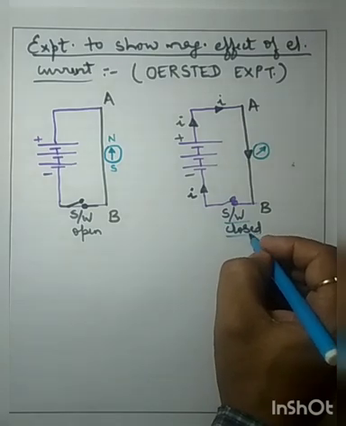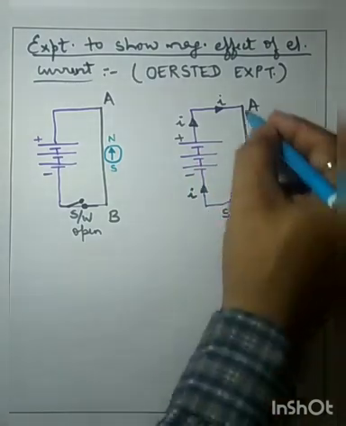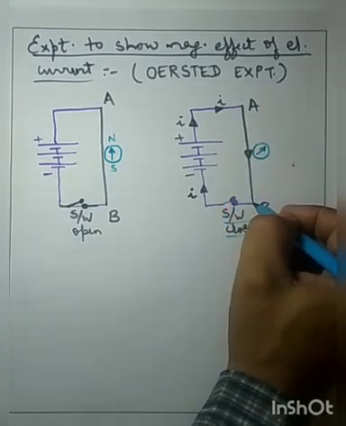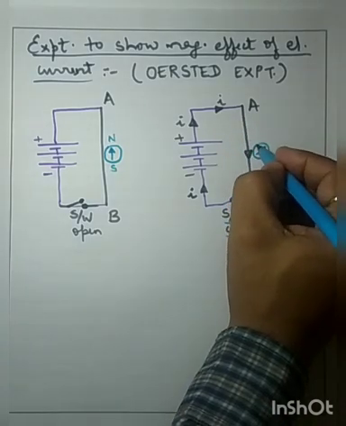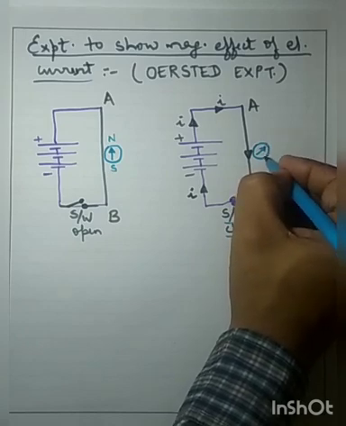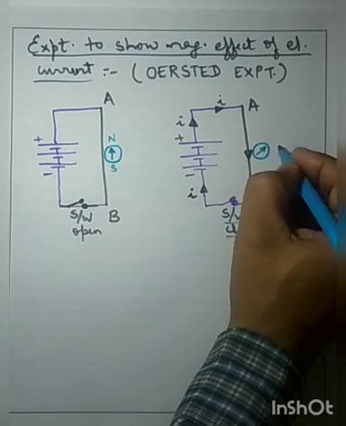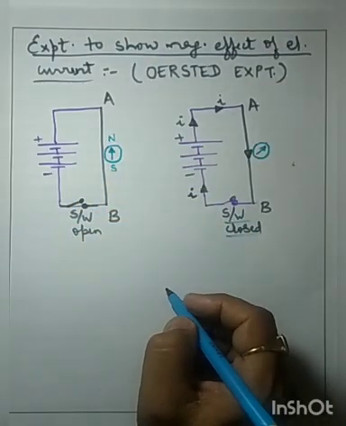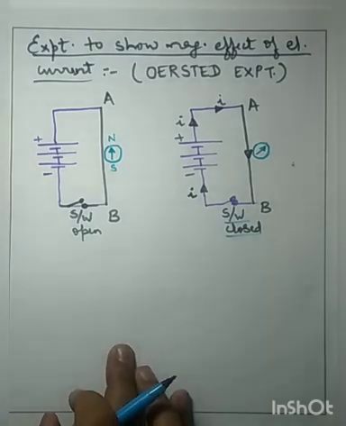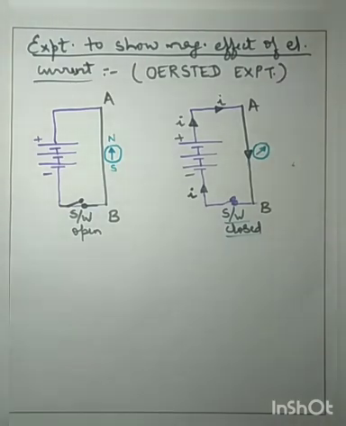Means after closing this switch, the current starts flowing in this wire AB, and due to the effect of the current flowing in the wire AB, this deflection in the magnetic compass is observed, as this arrowhead is deflected from its original position, and this proves that there is some magnetic effect of electric current.